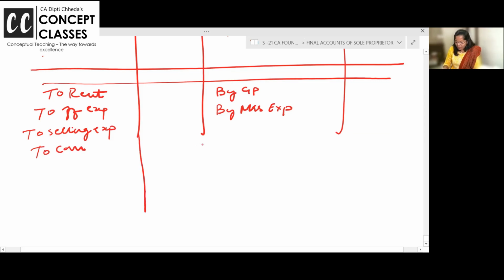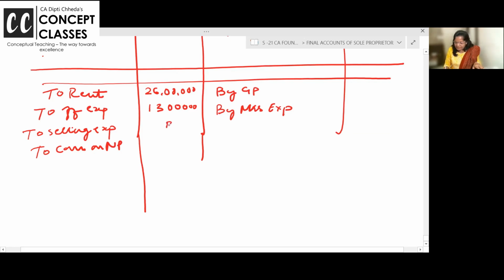Commission is on net profit before charging the commission. And that's given ready to you. Whatever is already given, write down the amounts also. Rent is 26 lakhs. Just copy the table. Office expenses is 13 lakhs.